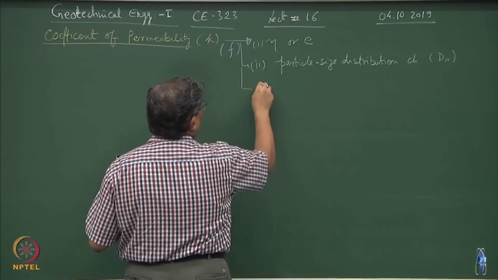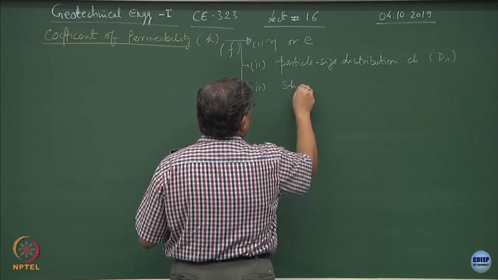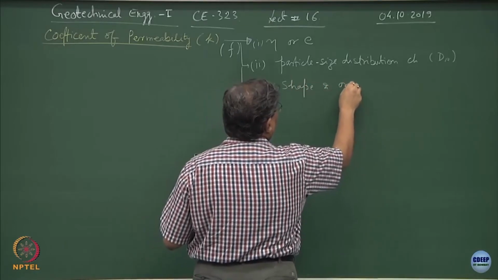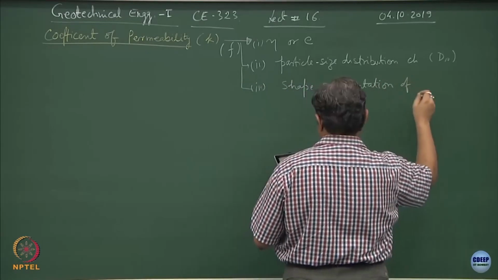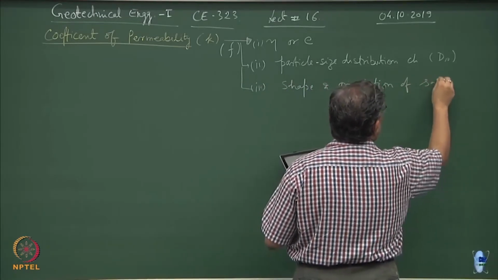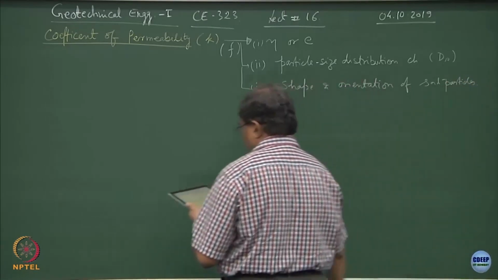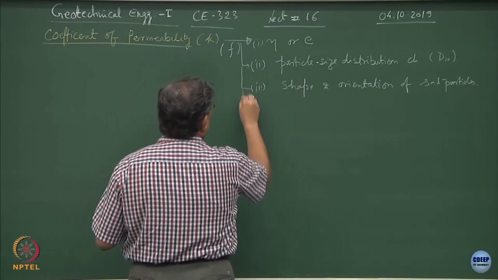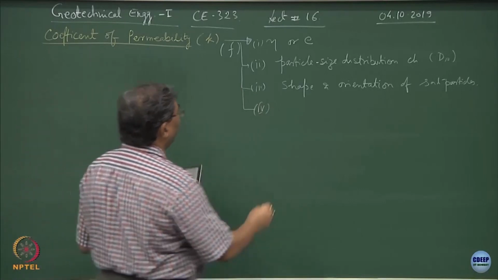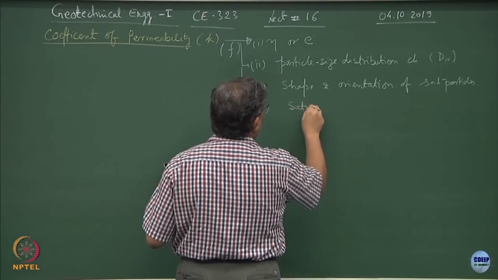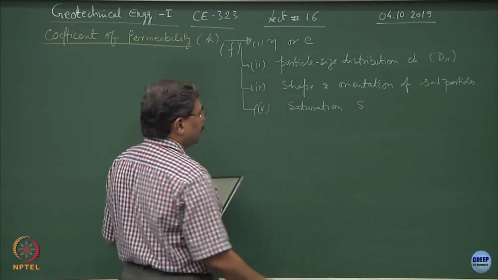The third parameter on which the K depends upon is the shape and orientation of the particles. The fourth parameter on which it depends upon is the saturation. And normally we define this as S.